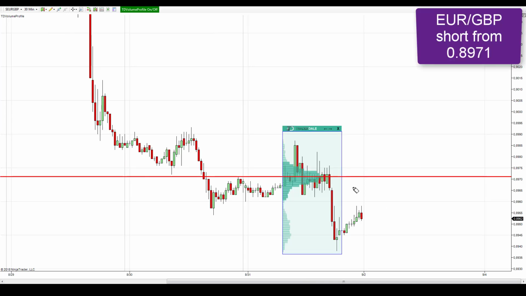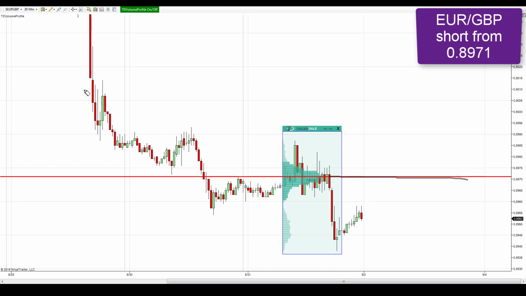Let's go into the euro pound. There is another intraday short level which I'd like to take. This one is based on volume accumulation setup, volumes which got accumulated in this sideways price action area. You can see that there is a pretty strong selling activity on the euro pound currently, and the short level, which is at 0.8971, is a pretty nice level to jump in a downtrend and participate in the trend.